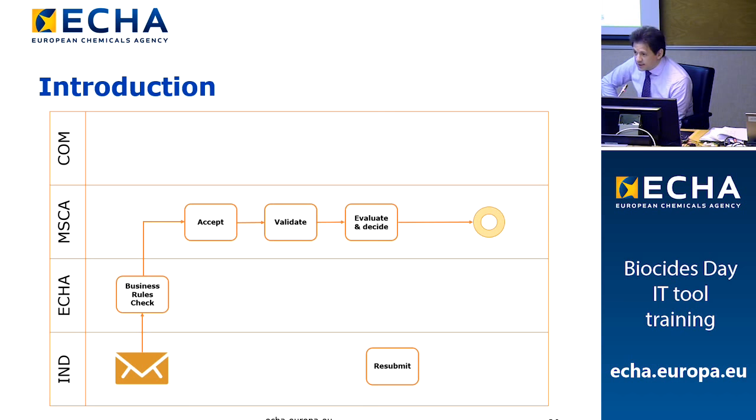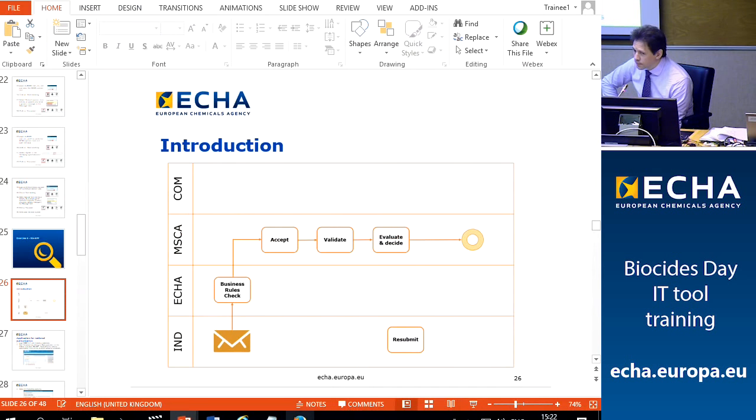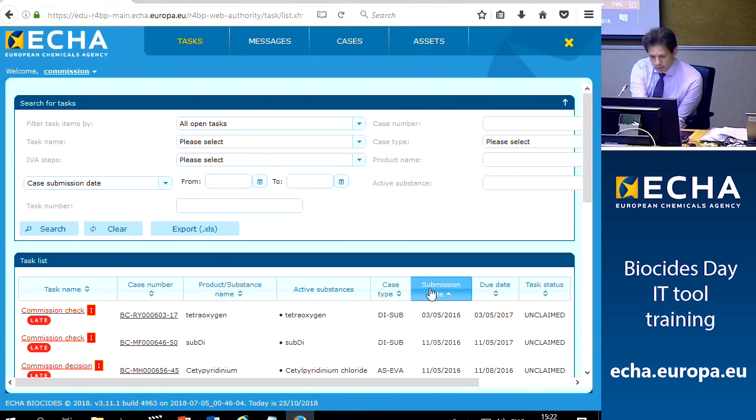For the purpose of this exercise, we go forward and we simulate also what the competent authority would do. So we go back to our authority page, and again here pay attention to, and remember, which is the competent authority that you selected for evaluation.